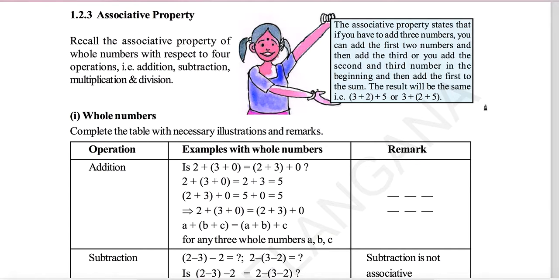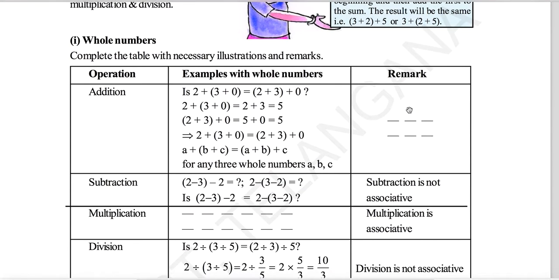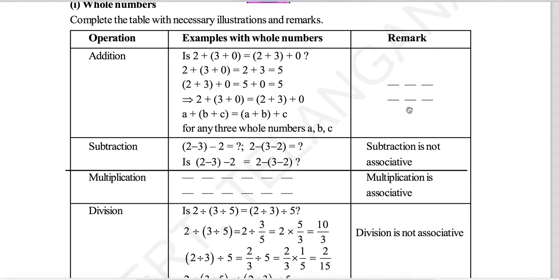The result will be the same, that is (a plus b) plus c equal to a plus (b plus c). Whole numbers. Complete the table with necessary illustrations and remarks. Alright, this is satisfying the associative property.